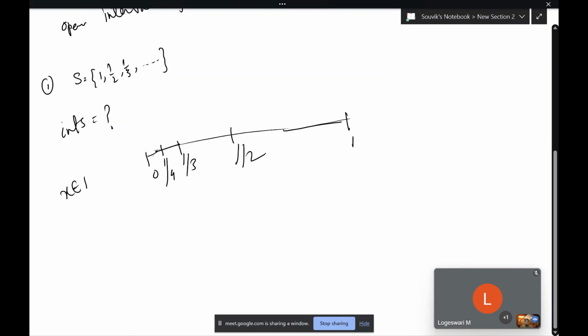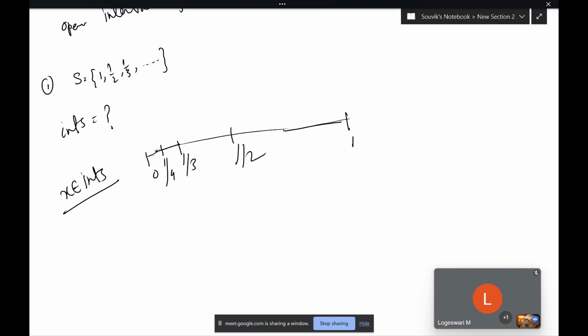Suppose x belongs to int S, so x is an interior point. This means there exists epsilon greater than 0 such that (x - epsilon, x + epsilon) is a subset of S. But this is not possible, because S is a kind of discrete set, so this whole interval can't be inside S. That's why for this subset S, the interior is empty.